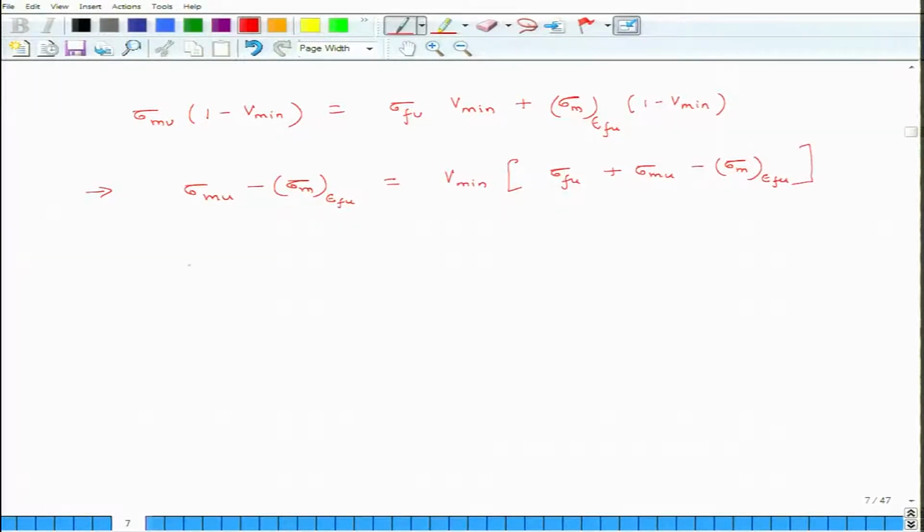So, V min is calculated to be sigma mu minus sigma m evaluated at the breaking strain of the fiber, divided by sigma Fu plus sigma mu minus sigma m evaluated at the breaking strain of the fiber.